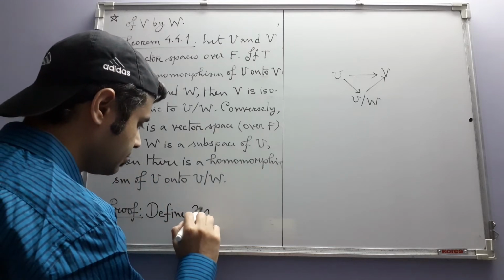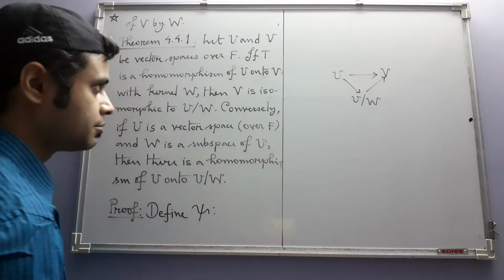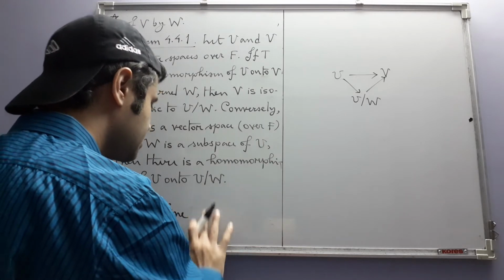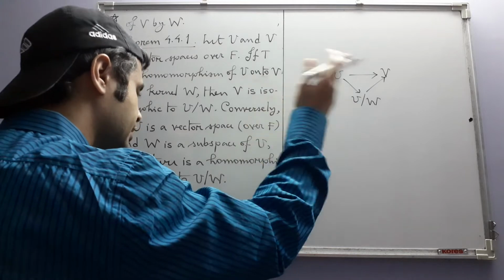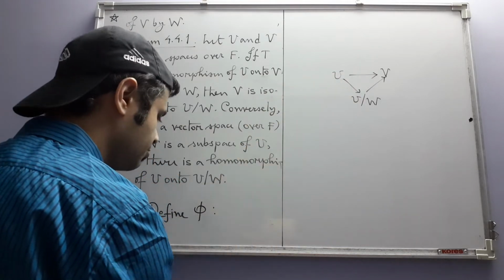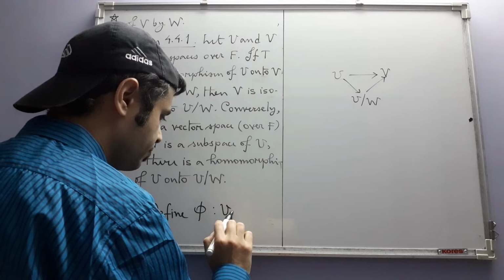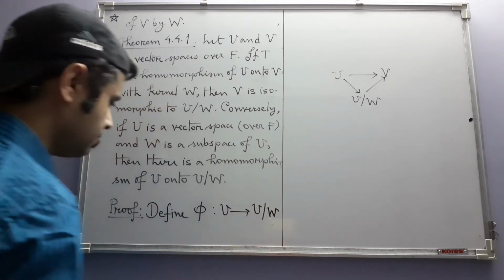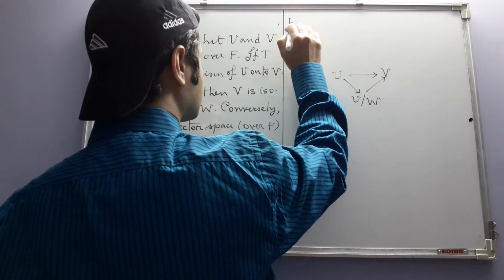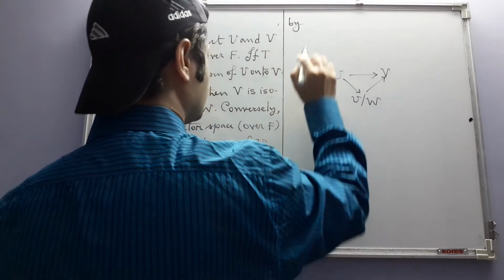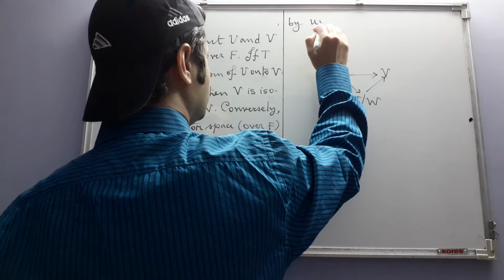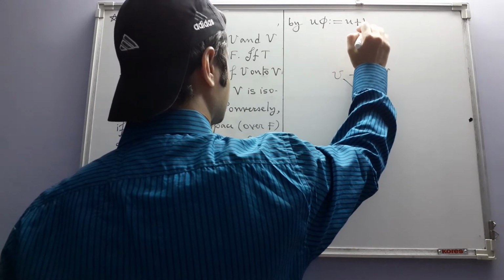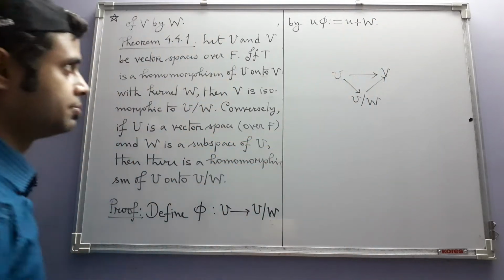Define a map psi from, or let's just reserve psi for that other thing, let us call it phi, from U to U by W by u phi equal to u plus W.